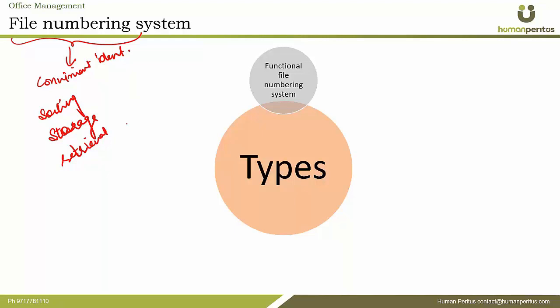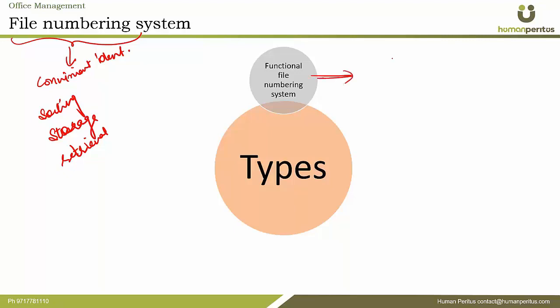Now, the functional file numbering system. See, it was basically developed just to make a one file system relating to the functions which are common to all the ministries and the departments. All right. Under this, the range of business a department does is analyzed by keeping the businesses under various heads.